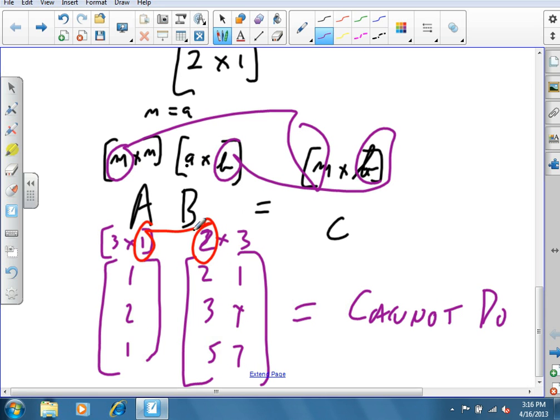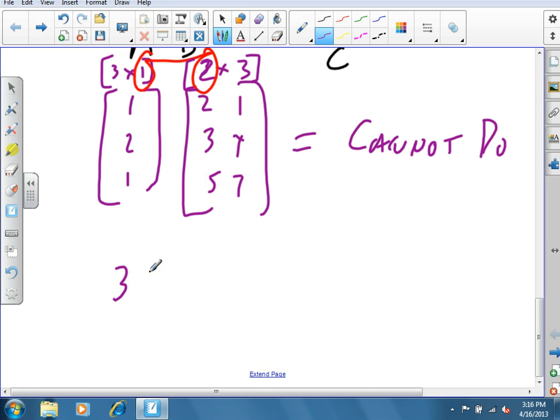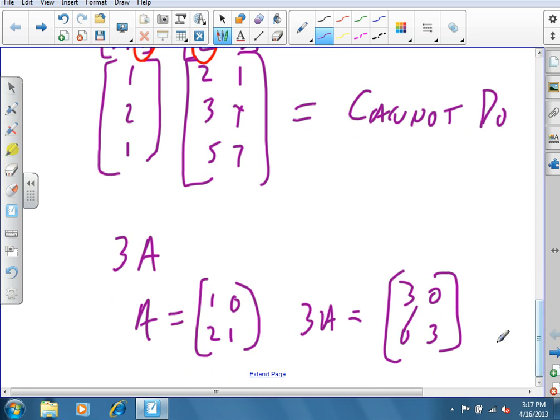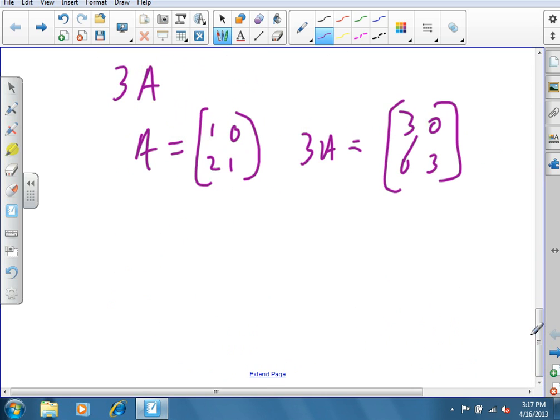That's why I can't do it. I can multiply 3 times A, in which case, if A was 1, 0, 2, 1, then 3 times A would be 3, 0, 6, 3. Okay, I can subtract, I can do all kinds of things.